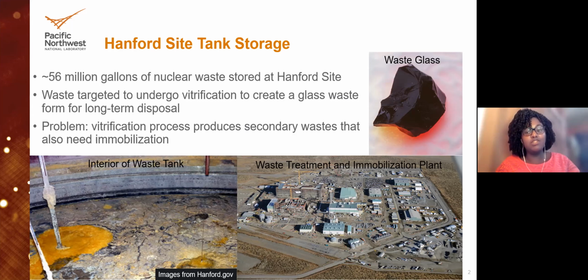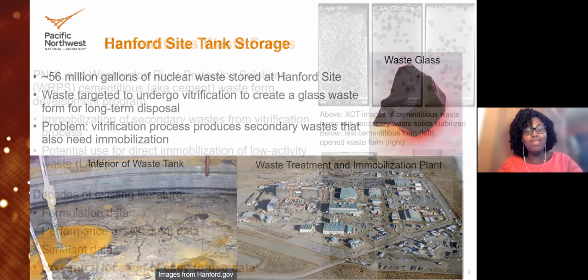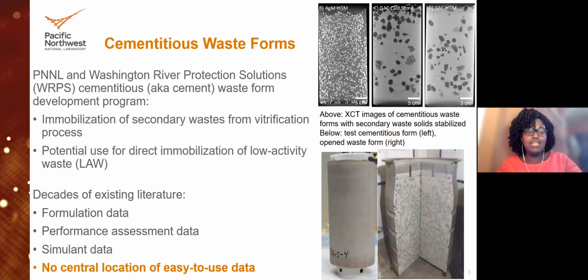However, during the vitrification process, secondary wastes are produced, which also need to be immobilized before they can be disposed of. As a potential solution to this, PNNL and Washington River Protection Solutions, as well as other laboratories across the nation, are working on a grout development program, which is intended to produce cement-based waste forms for waste immobilization.